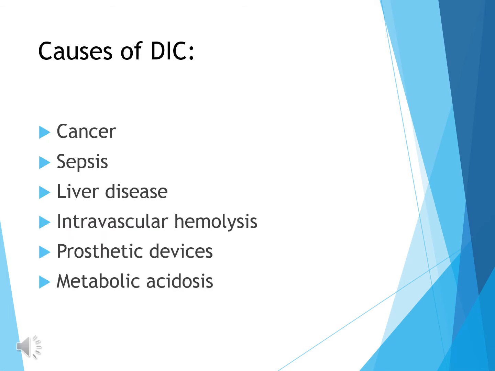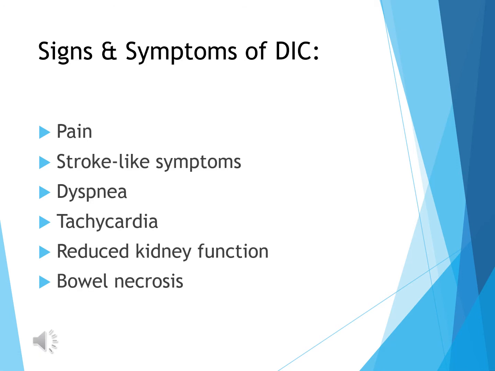Some of the causes of DIC include cancer, sepsis, liver disease, intravascular hemolysis, prosthetic devices, and metabolic acidosis. Signs and symptoms include pain. You'll also see stroke-like symptoms, dyspnea, tachycardia, reduced kidney function, and even bowel necrosis.